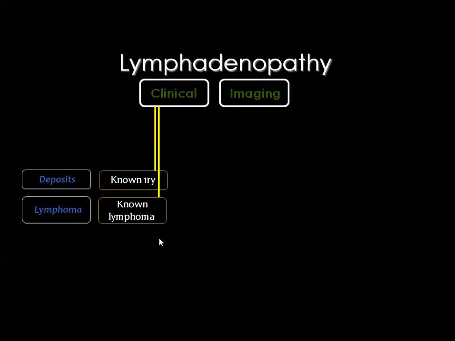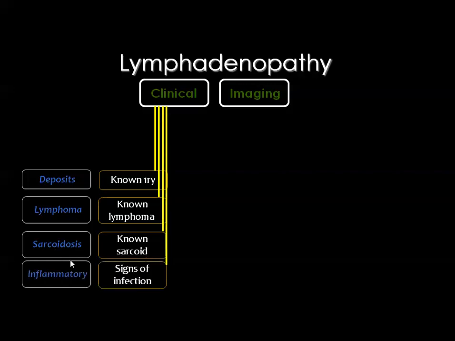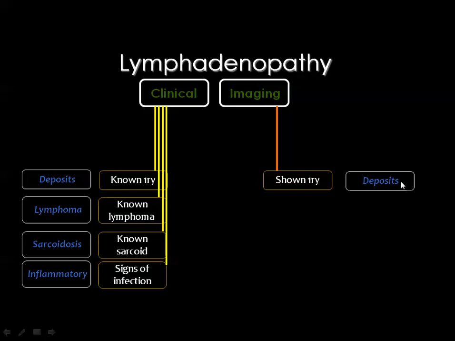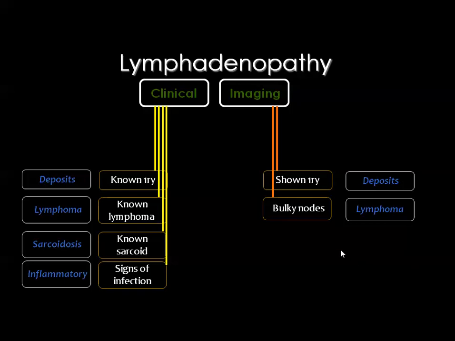If the patient is known to have sarcoid, then consider sarcoid. If there are signs of inflammation, then you consider inflammatory nodes. On imaging, if you see a primary malignancy like nasopharyngeal cancer or oral floor cancer, then consider metastasis. If you see the nodes are bulky, homogeneously enhanced, then you consider lymphoma.